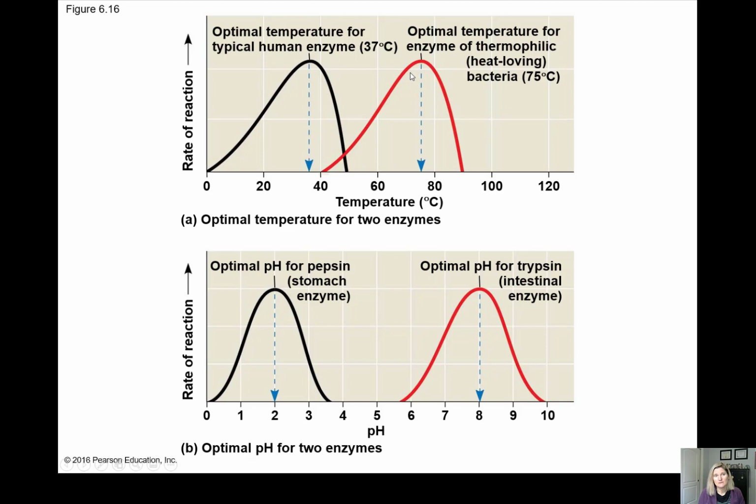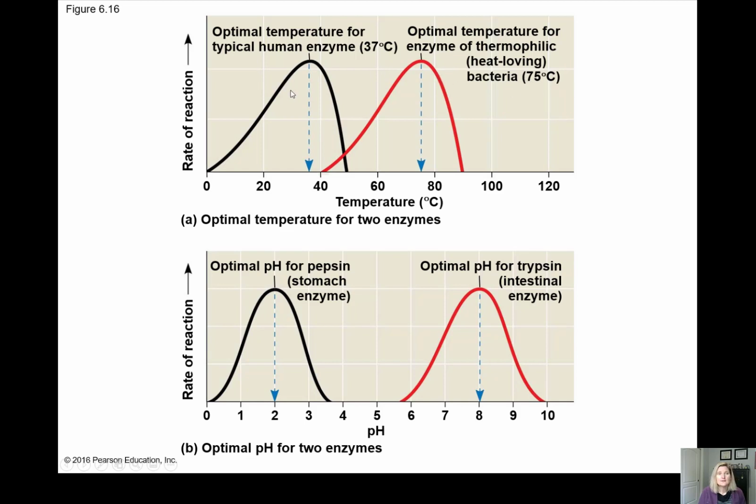So think of a hot springs environment where you end up with basically just bacteria and archaeans, some prokaryotes. Not much else can survive there because it's too hot. And that is because their enzymes are actually working optimally at a very high temperature.